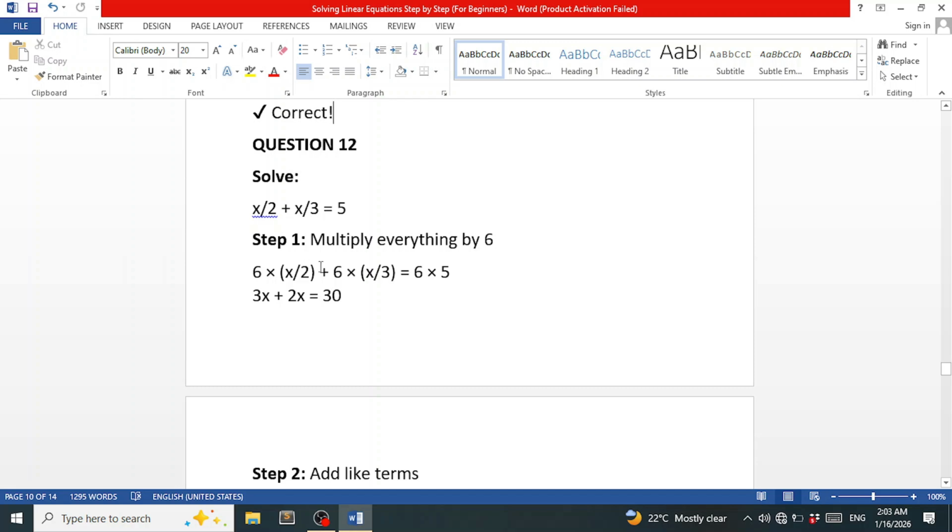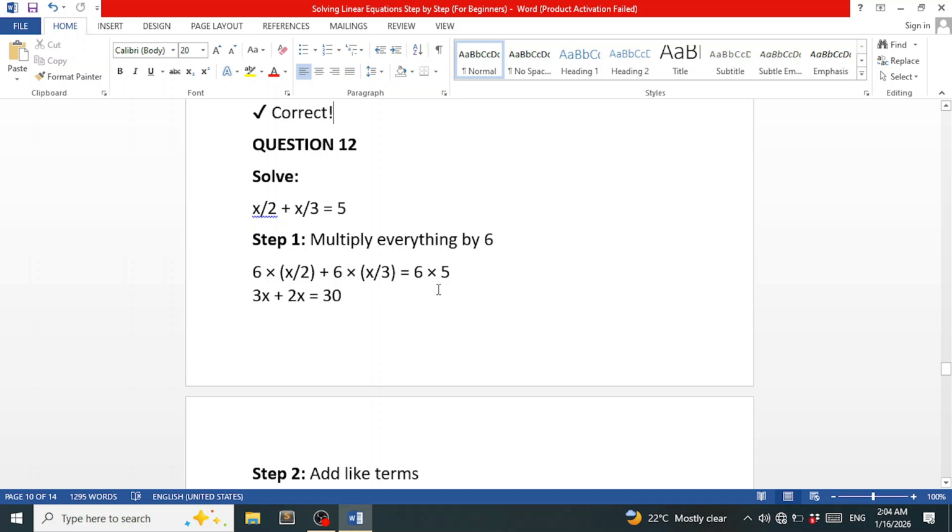So I'm going to have 6 times x over 2 plus 6 times x over 3, you close these brackets, equals 5 times 6. 6 is from 2 times 3, right? I hope you're getting it.